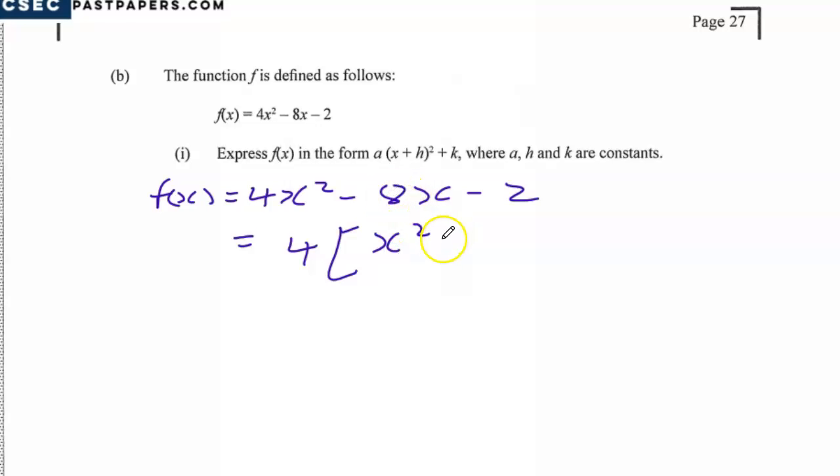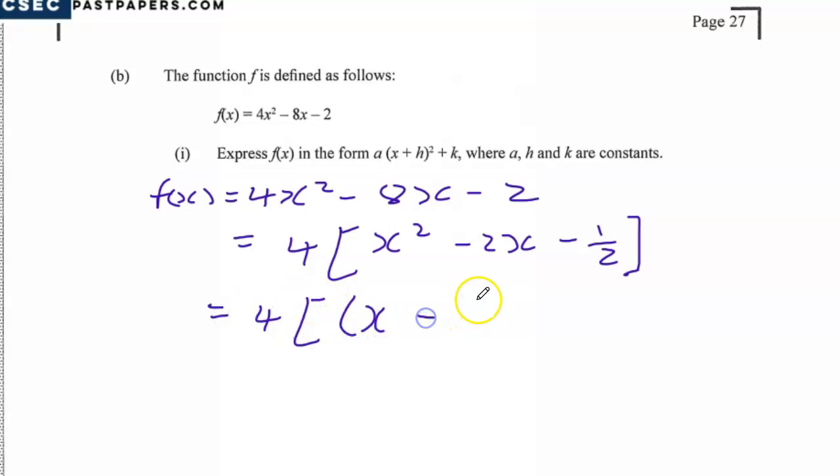Dividing each term by 4, we have minus 2x, and minus 2 over 4, which is minus half. Now we can complete the square, so this is x minus half of this value here, which is 1, minus the square of this value, which is minus 1, and then we have a minus half out here.